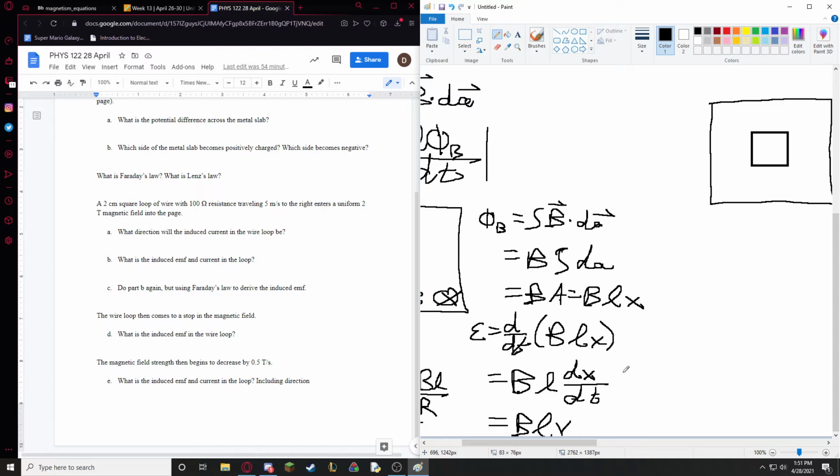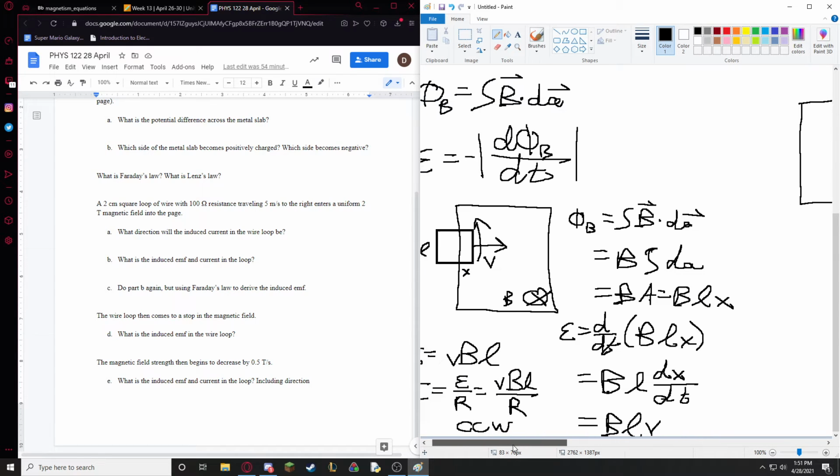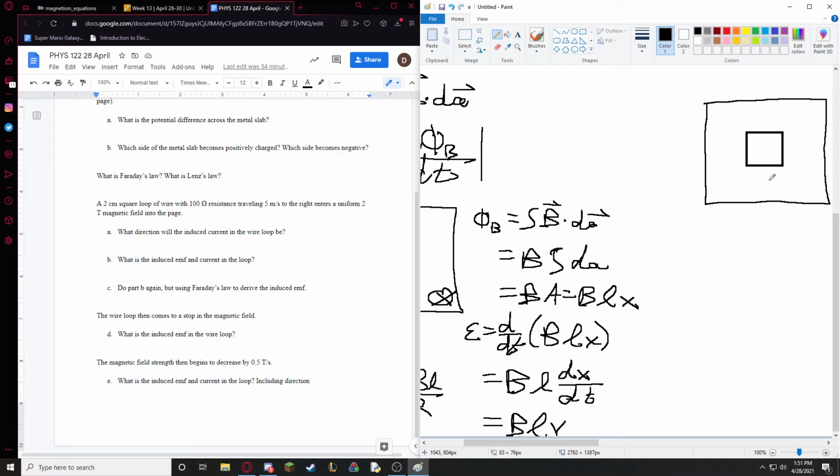Yep, exactly. So our flux is B times our area, which is B times L times, in this case, X would be the full length inside the magnetic field, so BL squared. Neither B nor L is changing. So EMF is change in flux over change in time, which is 0.